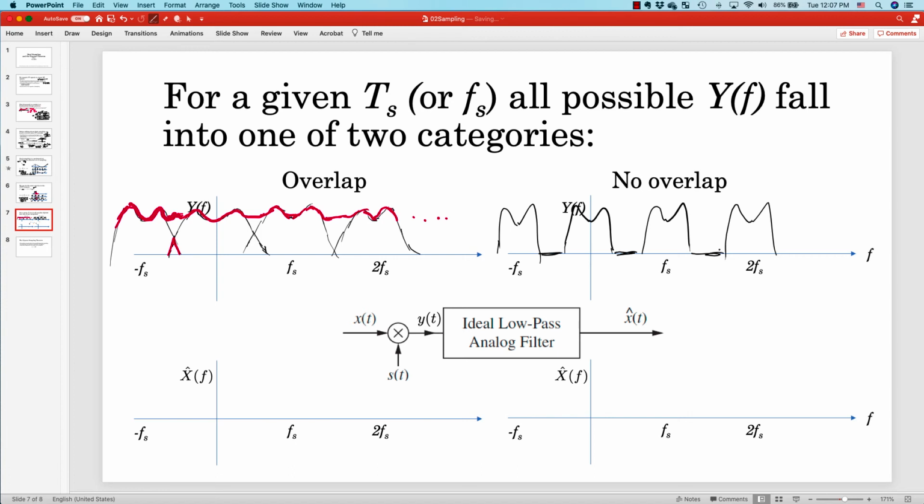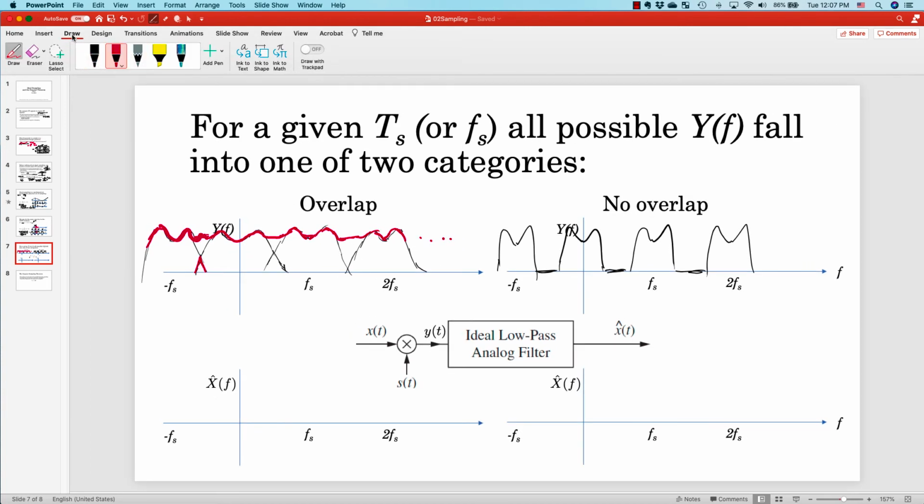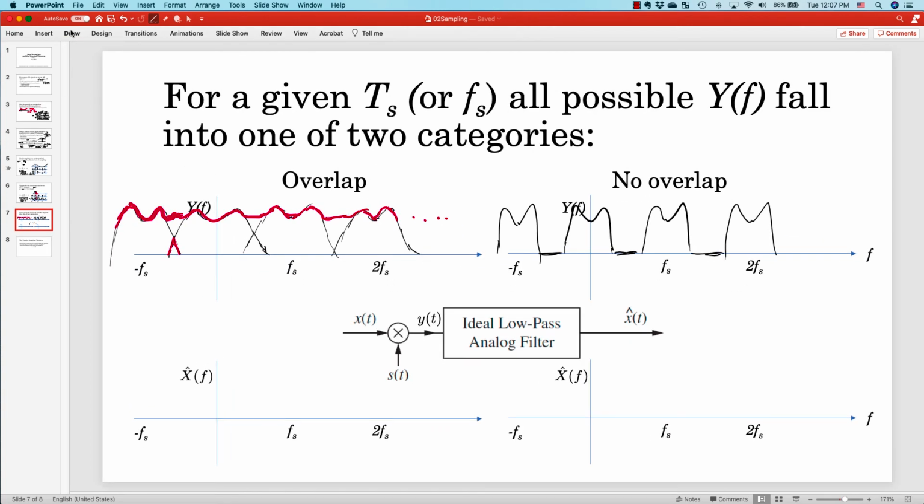And the formal way to talk about reconstruction here would be, I need to do something to y to get back an estimate of x, or to get back a reconstructed version of x, which I'm going to call x hat. I think the most reasonable thing to do would be to try and filter, right? Because x is sitting right here in the center.